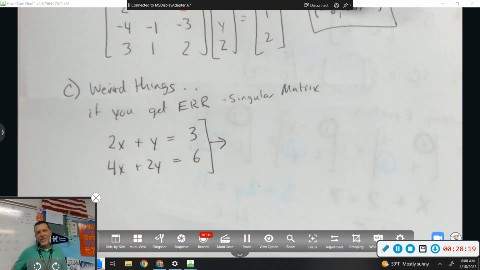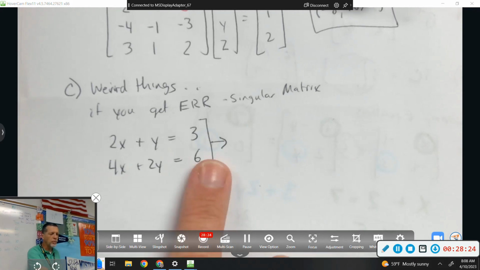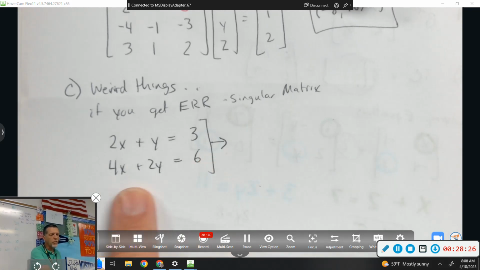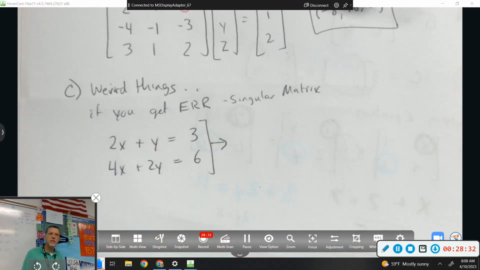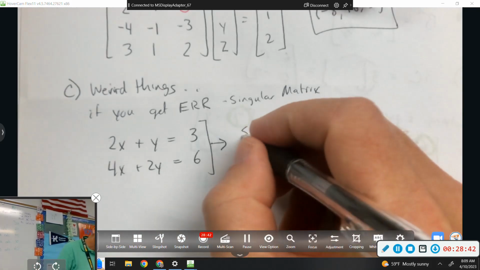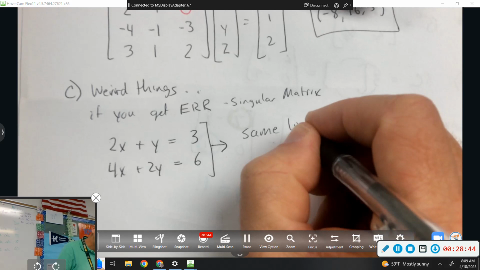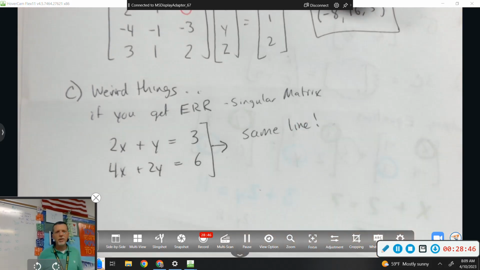So looking at this problem, if you tried to find the intersection of 2x plus y equals 3 and 4x plus 2y equals 6, do you notice something about those two? What's that, Brandon? That's the same thing, right? If I divided the second one by 2, they'd be the same thing. So that would be the same line. So it's kind of weird. It's like, where do they intersect?